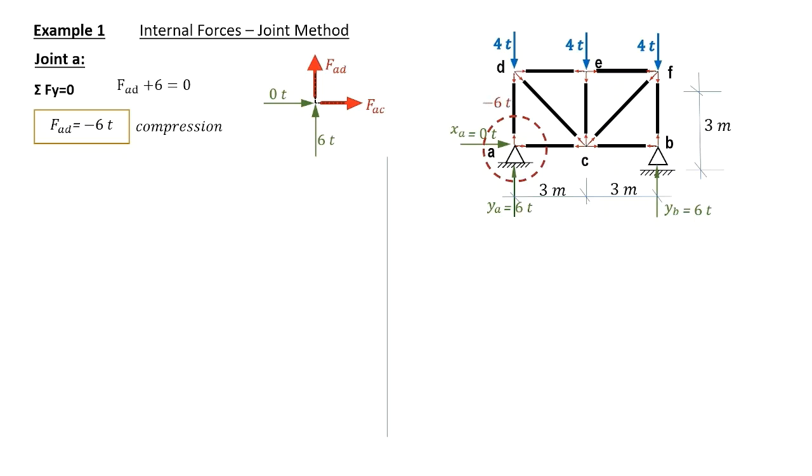And we plot the force on our diagram. Taking sigma forces in the x direction equals 0, we have the green 0 tons and the internal force FAC, which gives that FAC equals 0 tons from equilibrium and is plotted on our diagram here.